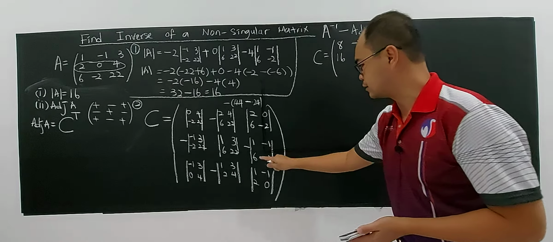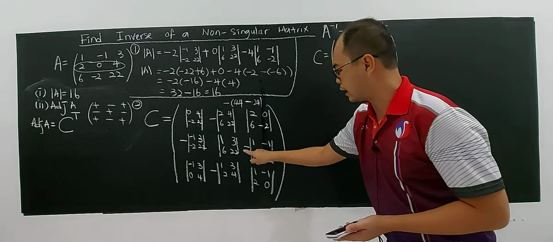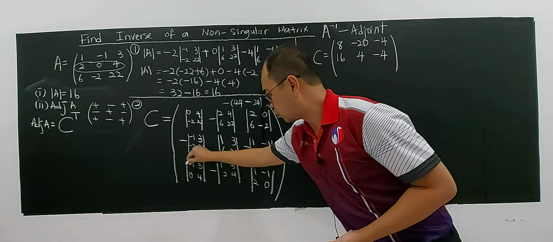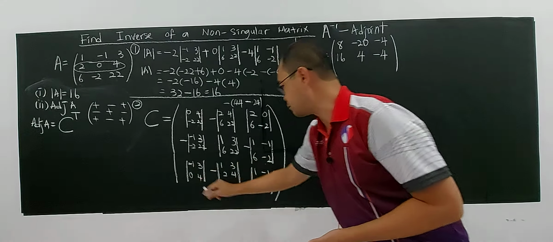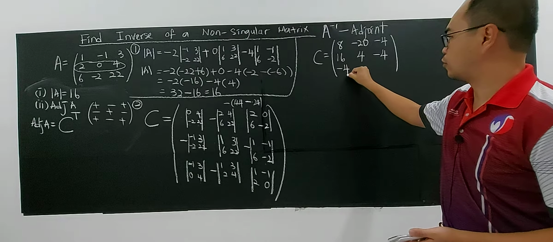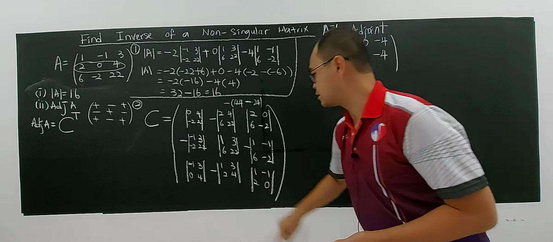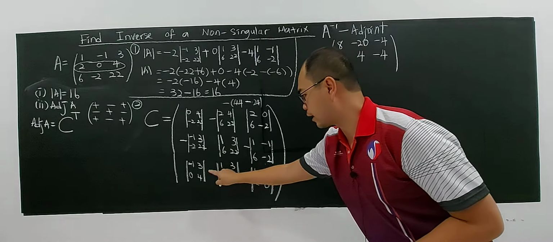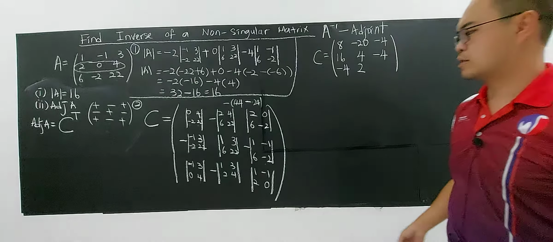So you have 4 for this value, and with the negative here you have negative 4. Okay, you have to go one by one, have to be patient. So negative 1 times 4, you have negative 4, right? Minus 0. 1 times 4, 4 minus 6, you have negative 2. With the negative you have 2.